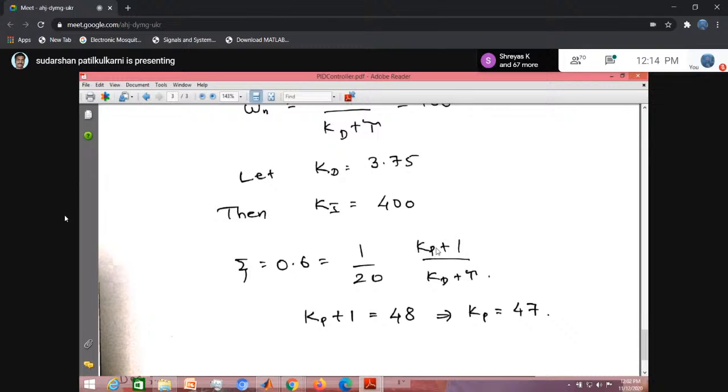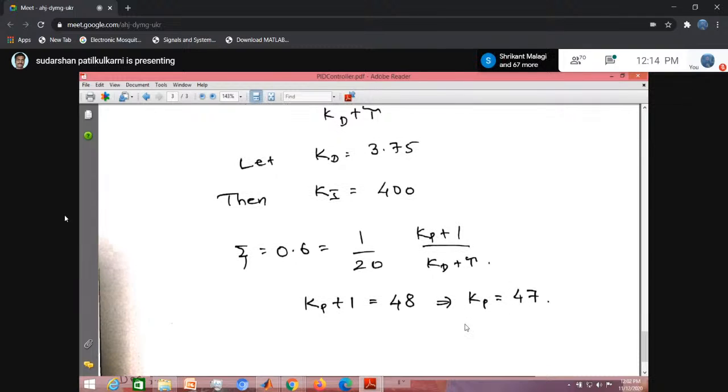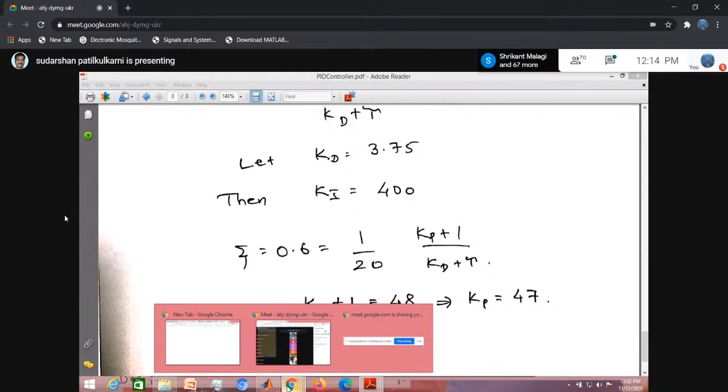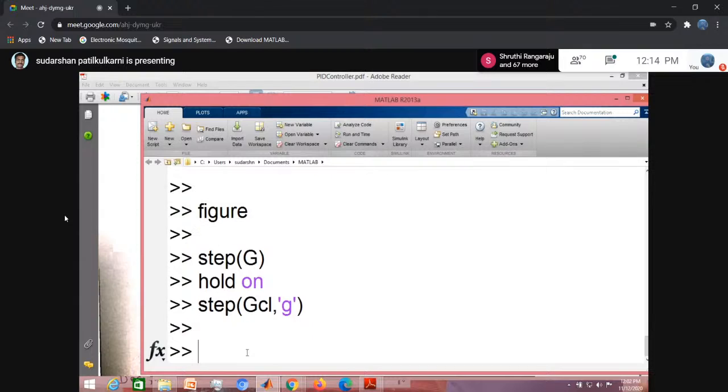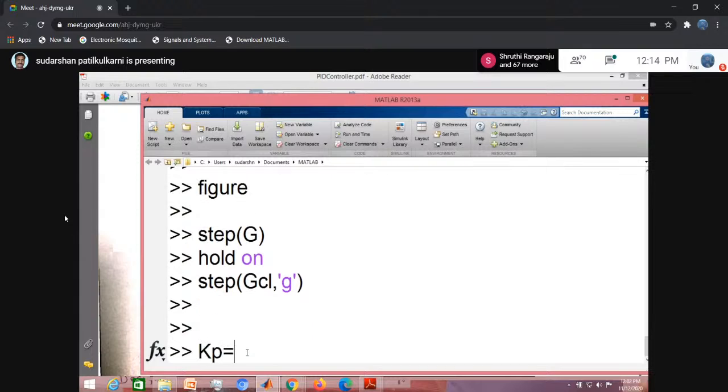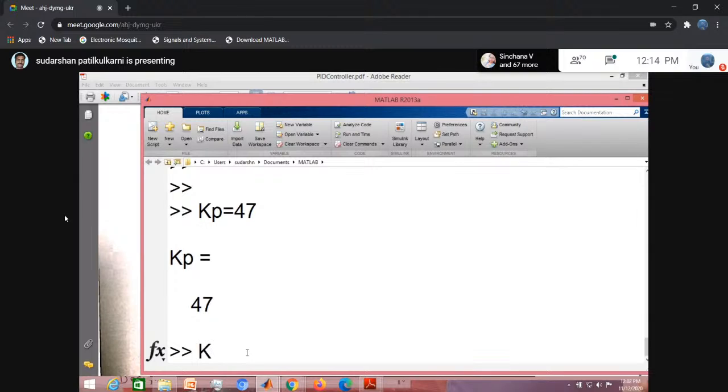So 48 is equal to Kp plus 1, which makes Kp equal to 47. Solution: Kp equal to 47, Ki equal to 400, Kd equal to 0.75.